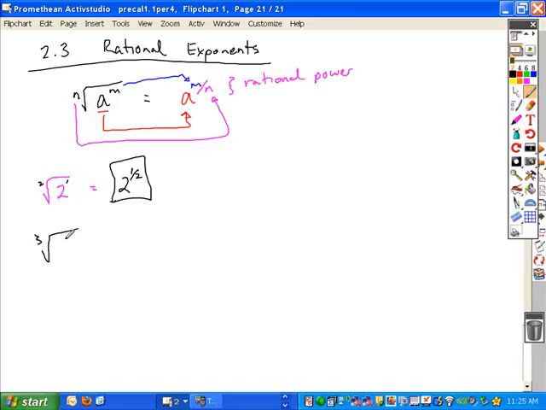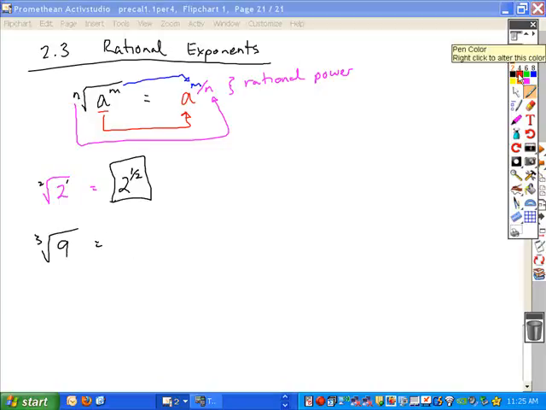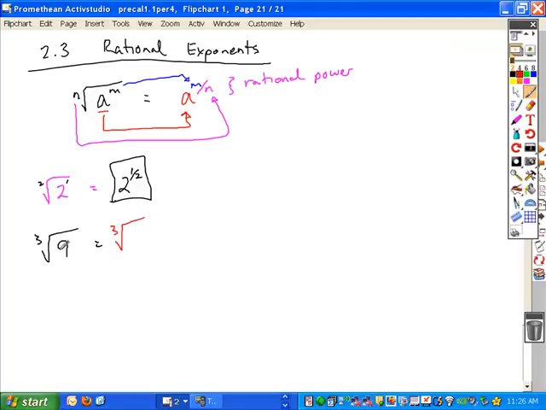So if you did something like this, where you had the cube root of 9, let's say, and I asked you to rewrite this as a rational power. Okay, this is that case where you need to recognize the perfect powers. So perfect squares, perfect cubes, and so on. Because what do you recognize about 9? 9 is, in exponential form, a perfect square, 3 squared.